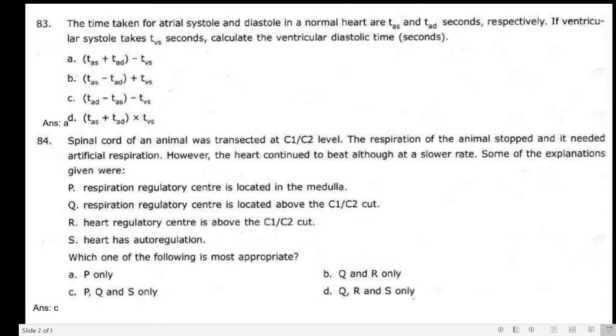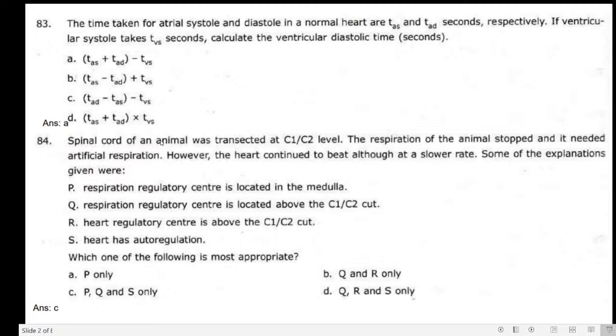Using these conditions, we can develop the fixed equation already reported. The answer is TAS plus TAD minus TVS. This is the answer.